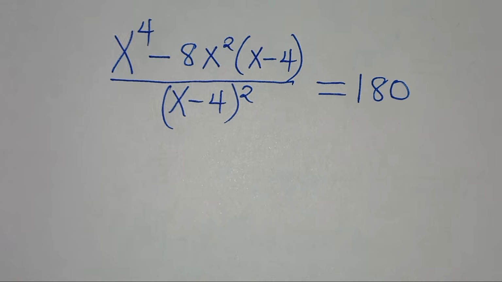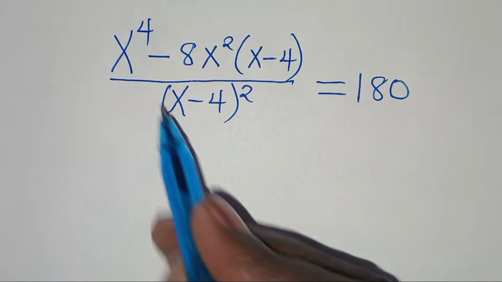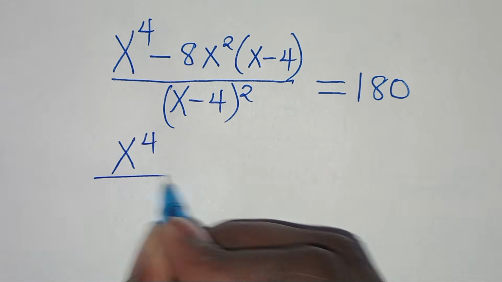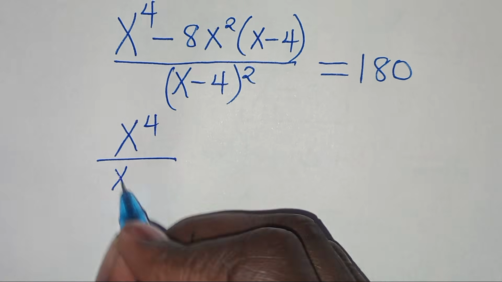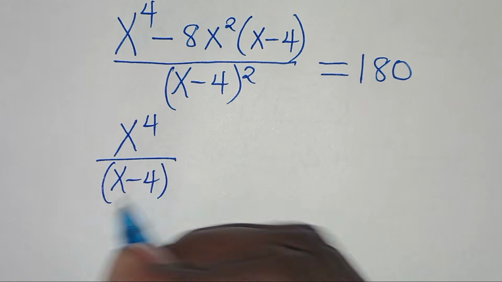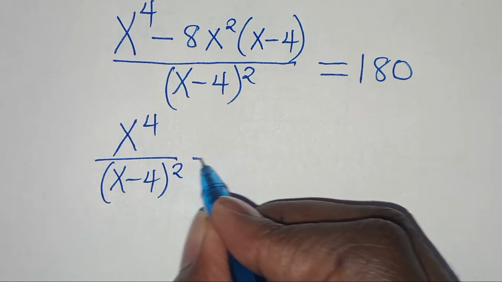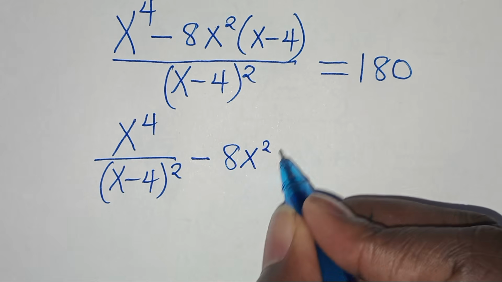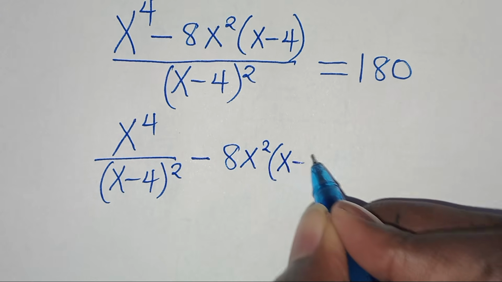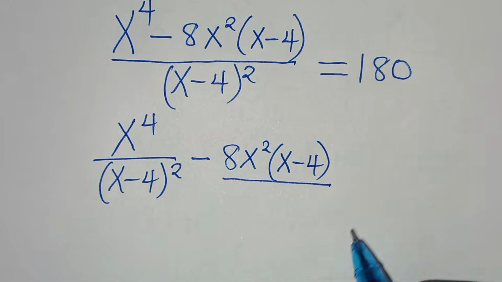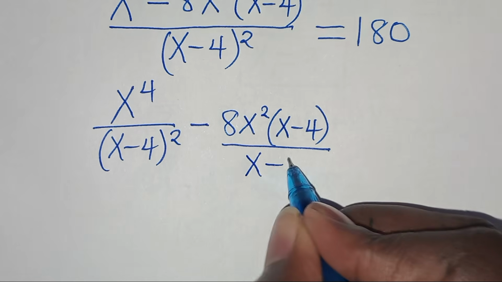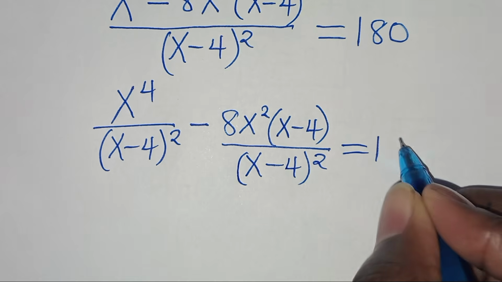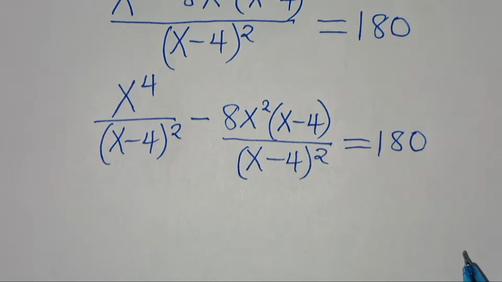The next step from here, now we can rewrite this fraction separately so that we have x to the power of 4 divided by (x minus 4) raised to the power of 2. Then subtract 8x to the power of 2 in the parentheses, (x minus 4), everything here divided by (x minus 4) raised to the power of 2. This is equal to 180.